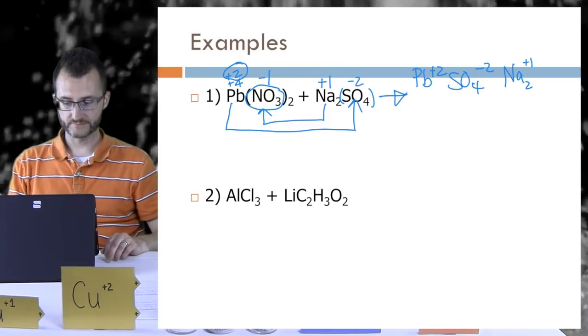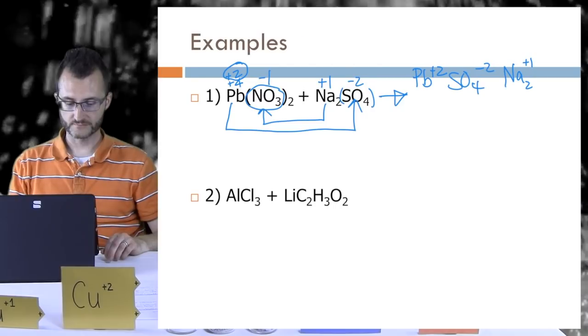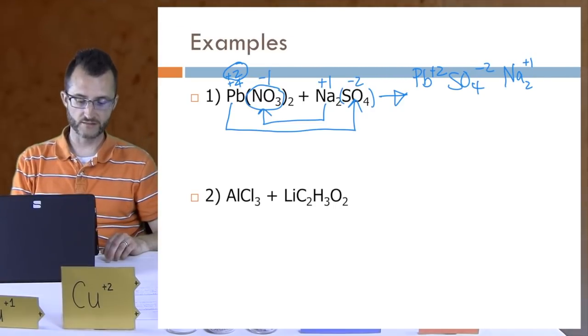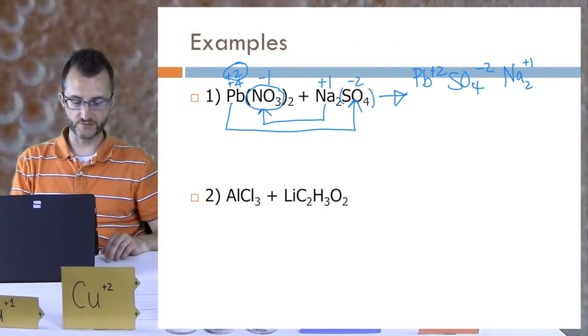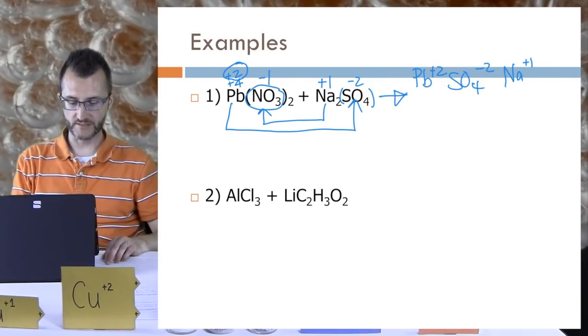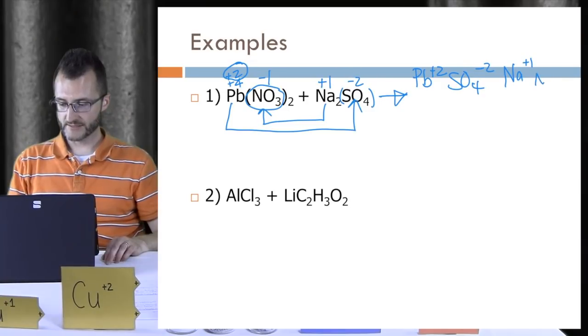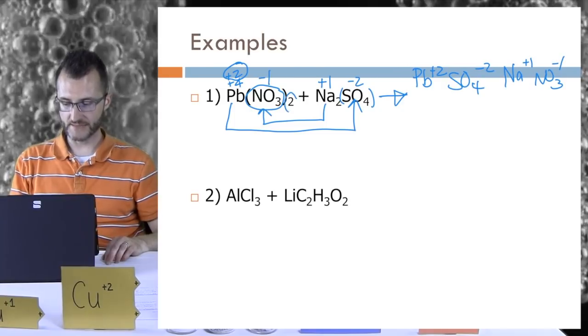Remember, subscripts will never come over unless they're part of a polyatomic ion. So I don't want the 2 there. I'll just get rid of it and leave the +1. And then the NO3 is minus. That's a polyatomic ion, so do I keep the 3 there?